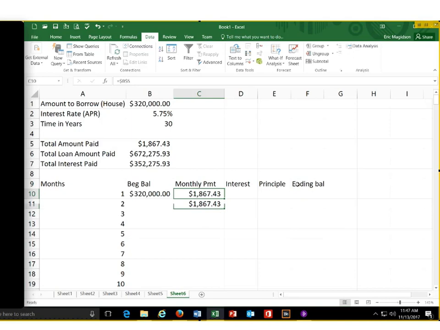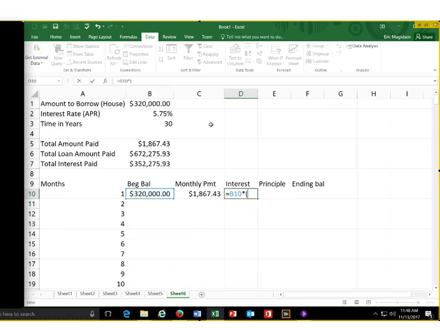So now what we need to do is figure out how much of this is interest each month. Well, our interest is calculated on what? It's calculated on our beginning balance. We're going to do monthly interest, okay? So this is going to be my beginning balance times the monthly interest.